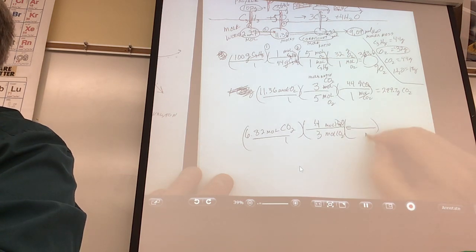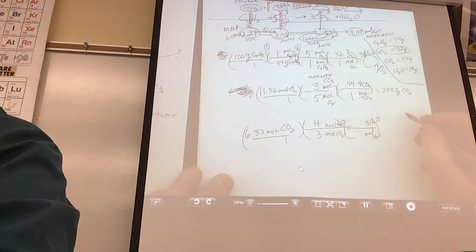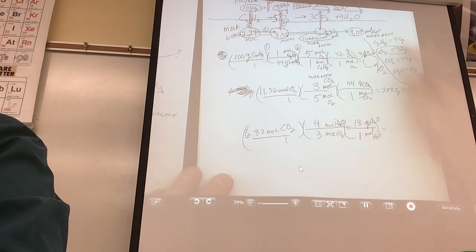Grams of water. Yes? And how do you get your numbers for that? Okay, so tell me what to put here. 1 mole of water is 18 grams of water. That's right. All right, and now we can finish it up.